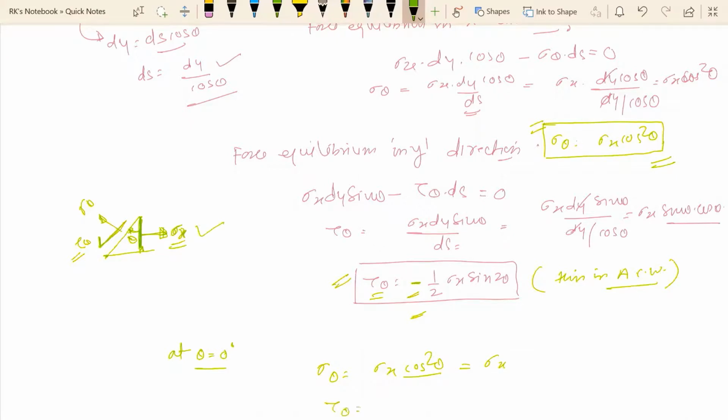Tau theta is equal to minus 1 by 2 sigma x sine 2 theta. If we put theta equals 0 degree, this becomes 0 and tau theta is equal to 0. So this is the correct one. And as we know, if we put theta equals 45 degree, we can find out the result accordingly.